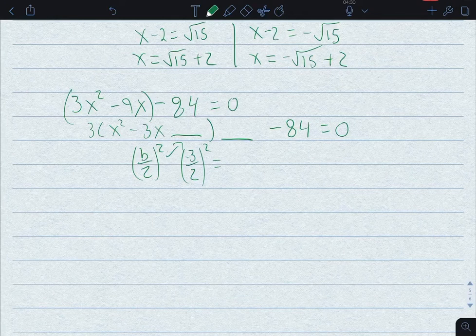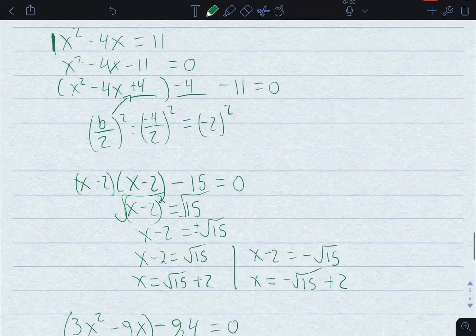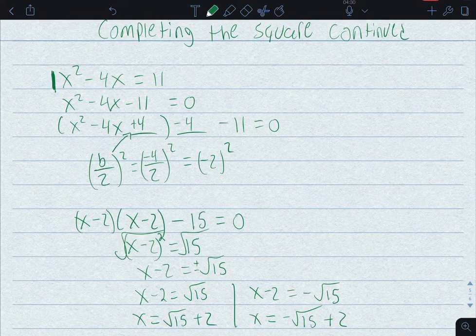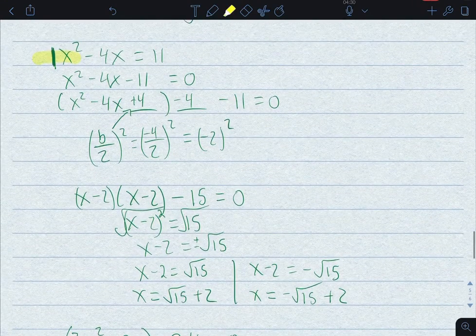Now you may think this is ugly, but it's not. Negative 3 squared is a 9, and 2 squared is a 4. So in this blank is going to be plus 9 over 4. In the last example, since there was the number 1 right there, we could copy whatever was inside to the outside.